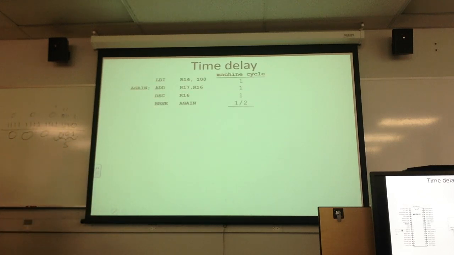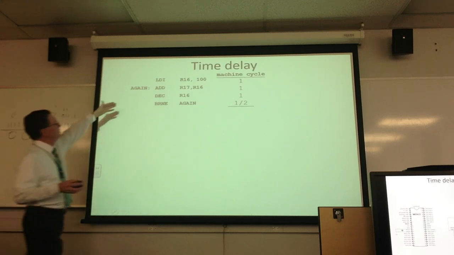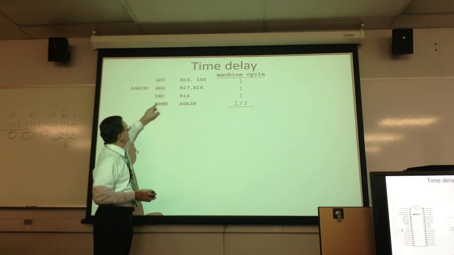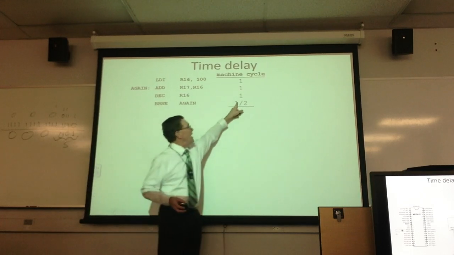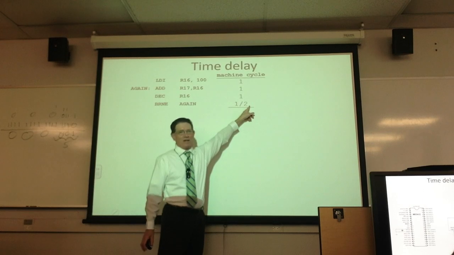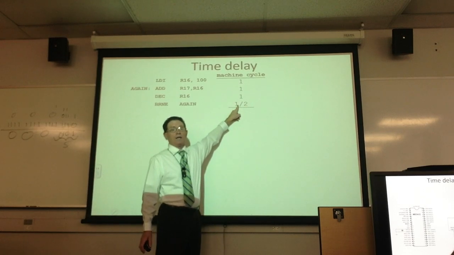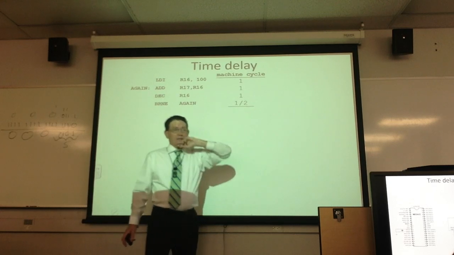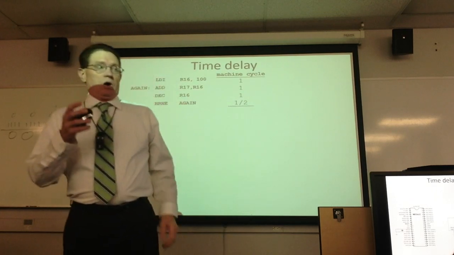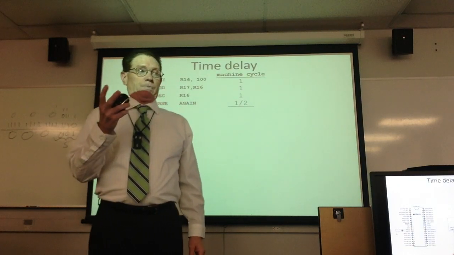So here we have a load, add, decrement, and then a branch not equal. This is what you'll notice. It's not going to run in half of a machine cycle. That makes no sense. It means it's going to run in either one machine cycle or two. Now the question is, why is it two?